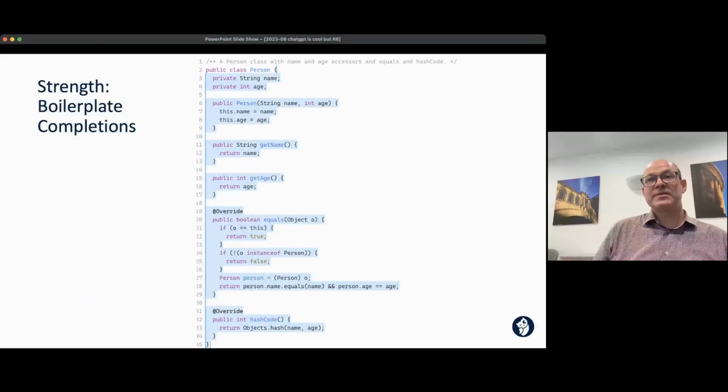So what this means in the context of code is, for example, things like boilerplate completions, right? So in this example here, you're doing all the boilerplate for a class definition in Java. The really important part of this is that comment at the top, a person class with a name and age accessors and the equals and hash code. That is the prompt that's going into the model on the back end, and along with public class person, open curly bracket, right?